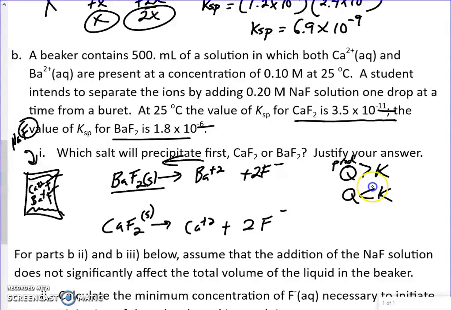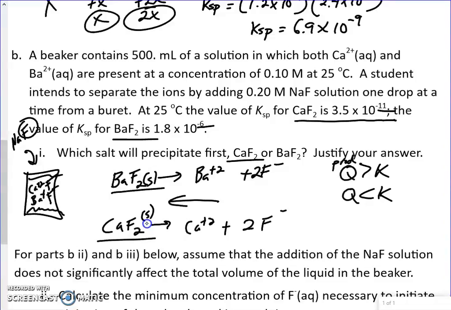So Q is going to be greater than K first, way before barium fluoride is going to be able to reach K, which means this is going to shift towards the reactants before this guy can shift towards the reactants. Well, what does that mean? That means we're going to see this solid first. And because we see that solid first, the calcium fluoride is going to be the one that precipitates first.